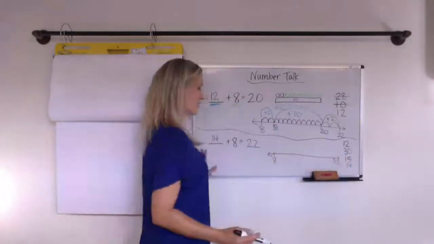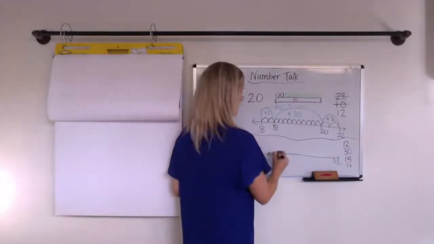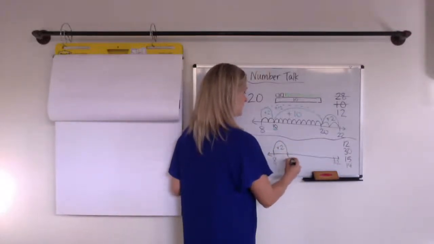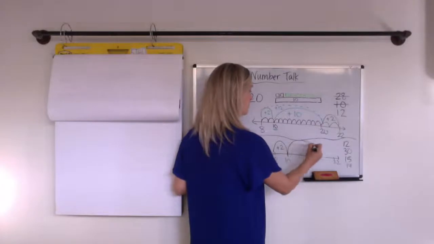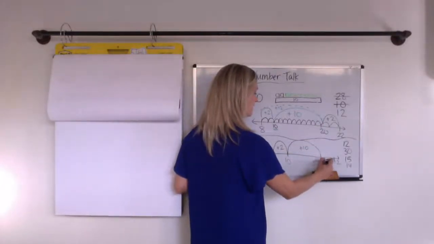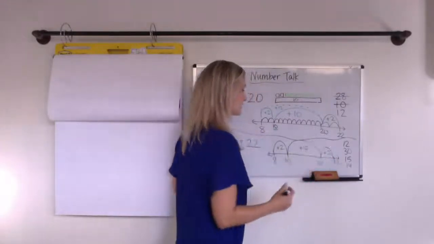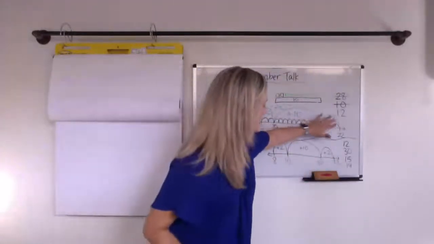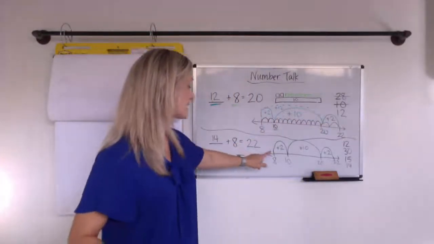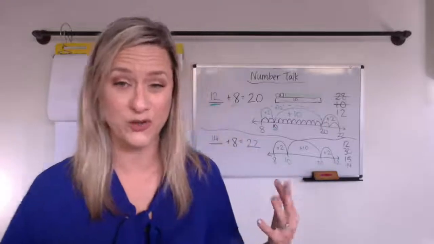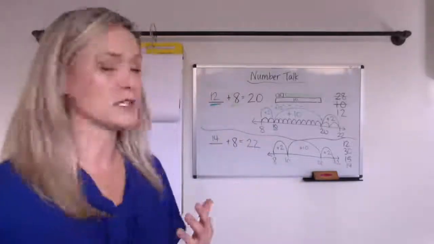Okay, so maybe you decided I'm going to hop by 2 to make 10, hop 10 more to get to 20, and then hop 2 more to get to 22. See how it's very similar to what we did up there, but this time we don't have the small little hops of 1. I just went for it. I tried it out. Okay, so all together we hopped 14.